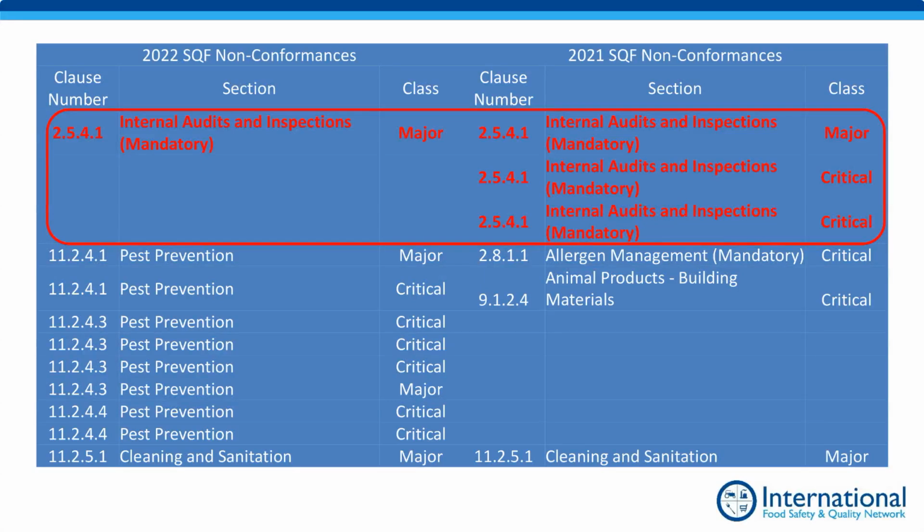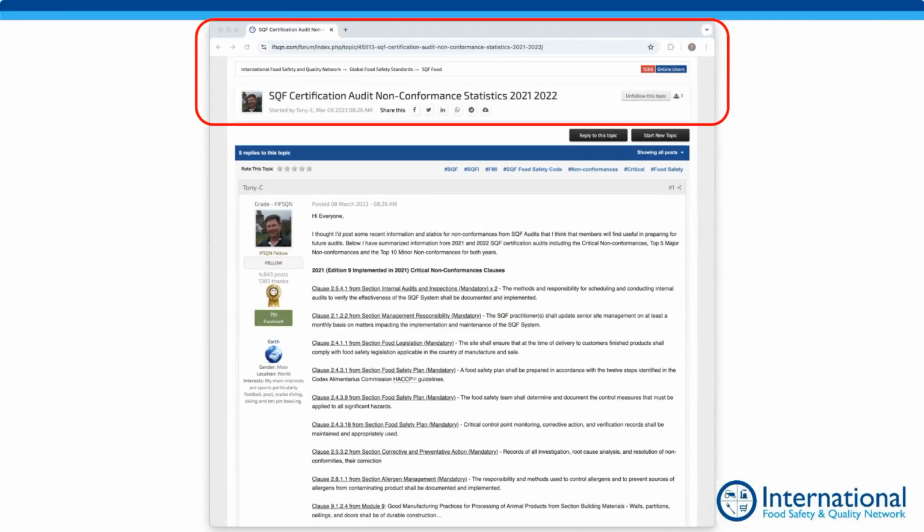So 2 major, 2 critical there. And also in the SQF code, top 10 minor non-conformances in 2022. These statistics are on this topic on the website if you want to look into them in more detail.